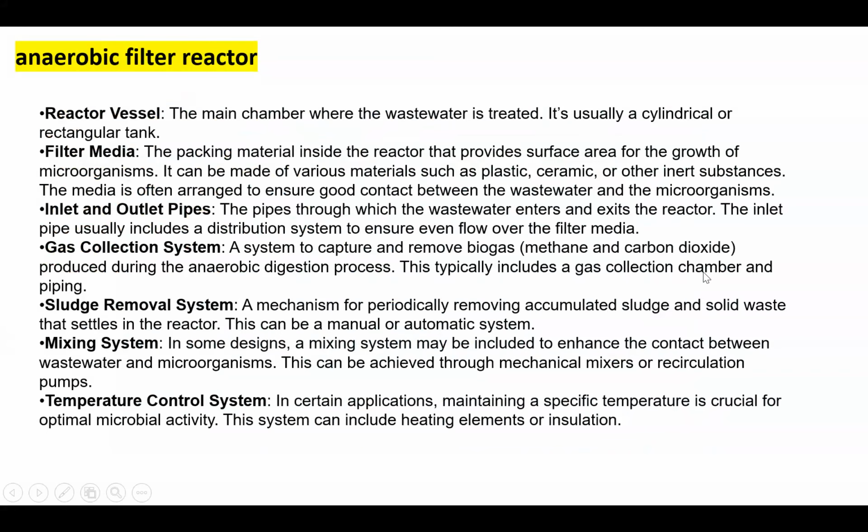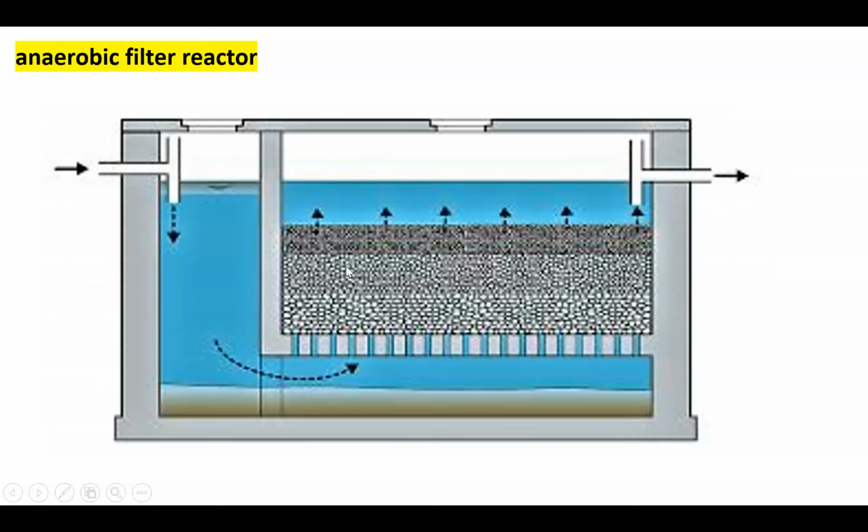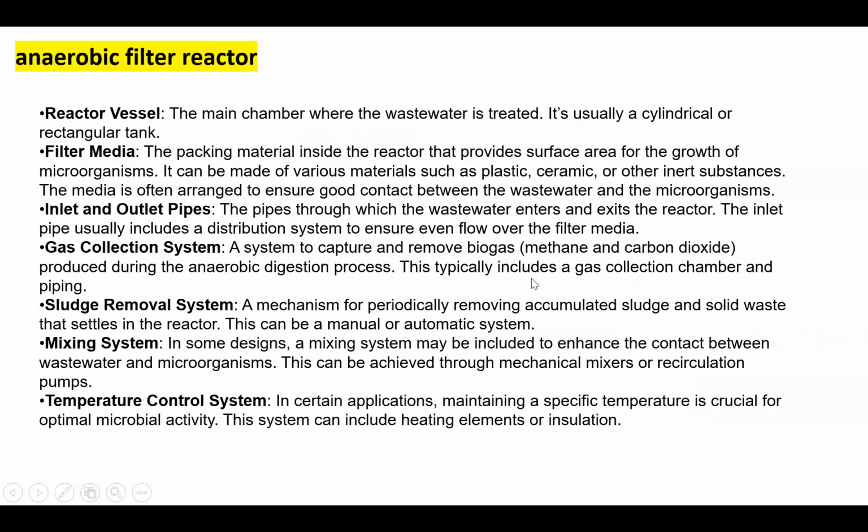So here you see the main components. The reactor vessel is the main chamber where my wastewater is treated, and then the filter media. Filter media is this portion. This is the filter media, the packing material inside the reactor that provides surface area for the growth of microorganisms, and it can be made of various materials like plastic, ceramics, or other inert substances.